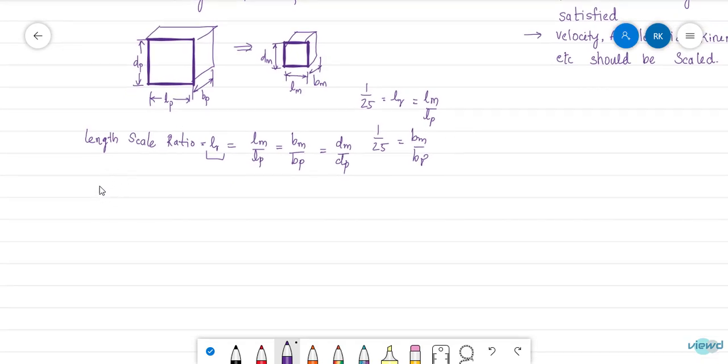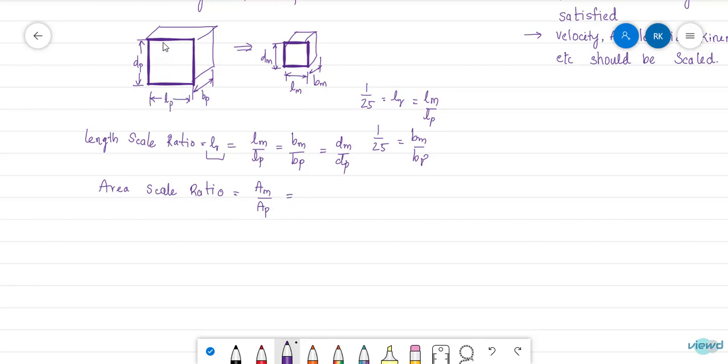Next, for geometrically similar prototype and model, what will be the area scale ratio? Length scale ratio means dimension by dimension. Area scale ratio means area by area. So the surface area of any side of model divided by the surface area of the corresponding side of prototype.